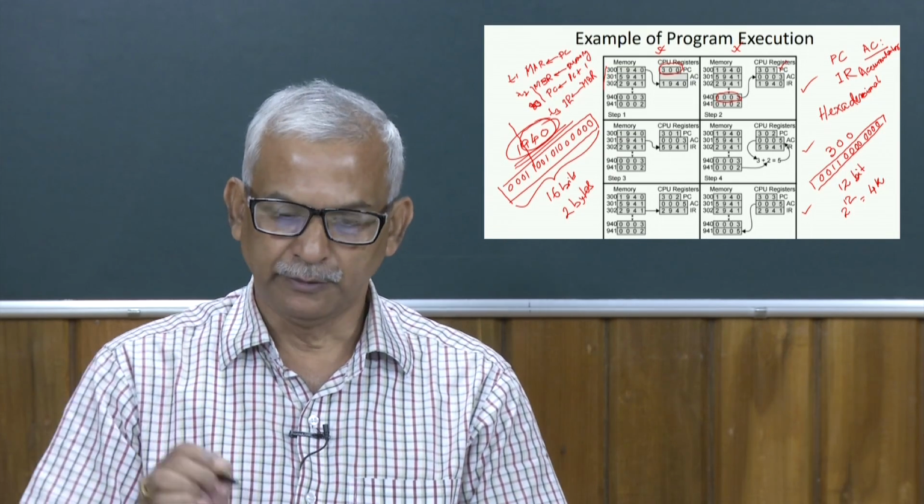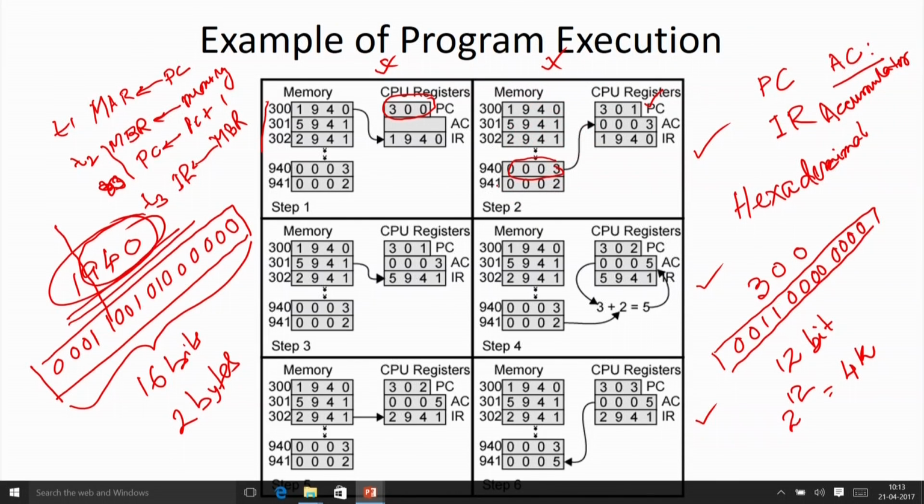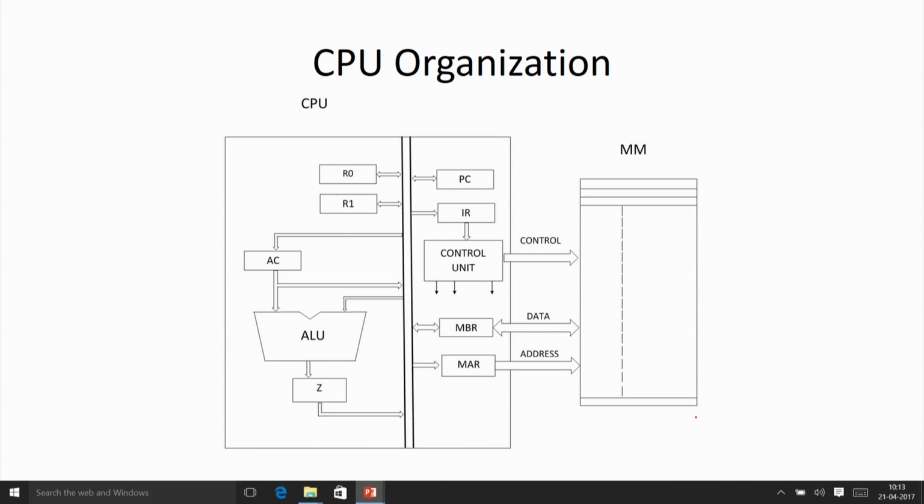That means, if I am going to see these things, what is the effect of this particular thing? I am going to write it in the next slide, but to know the effect, we have to know the internal organization of this processor also. So, if you see the CPU organization, we have the registers PC, IR, MAR and MBR.